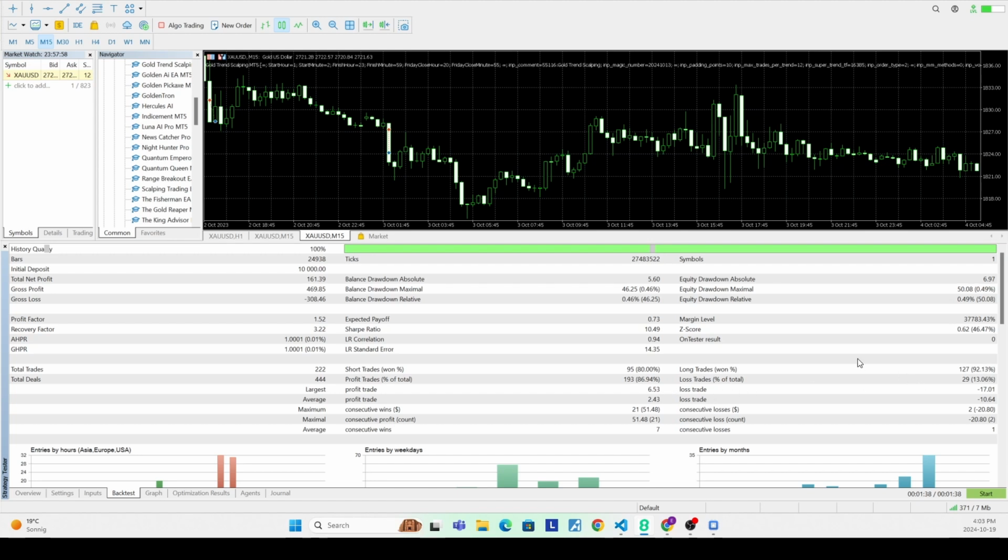Congruent with the equity curve, we're seeing that it has a very high win rate of roughly 87%, and this will, as expected, correspond with an inverted risk-reward ratio. So we're seeing that when it wins, it makes approximately $2.43, and when it loses, it's making $10.64.